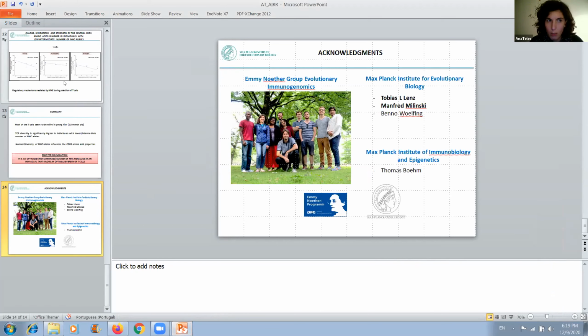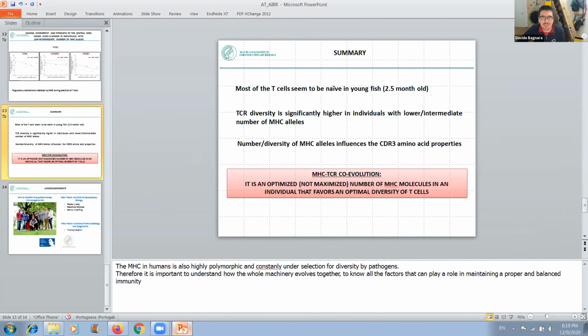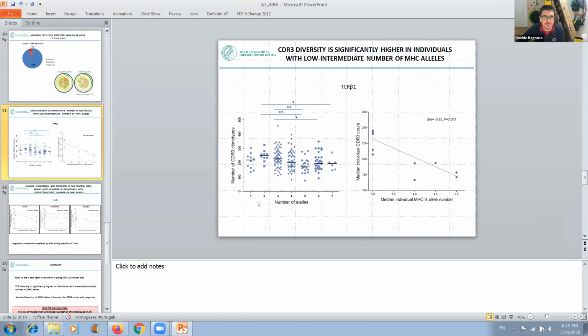So you show that with 2 or 3 you have more diversity in your model. Yeah, 2 and 3 is higher, 6 and 7 is lower. So with the low to intermediate number, the diversity is higher.